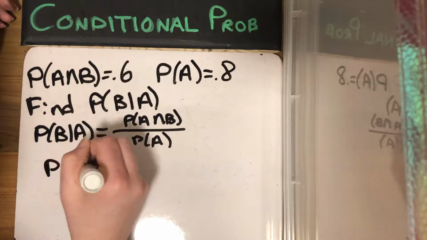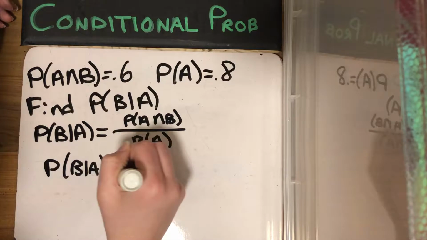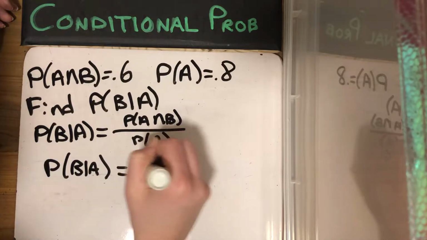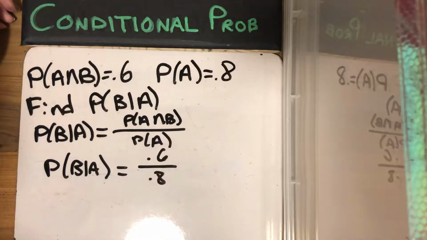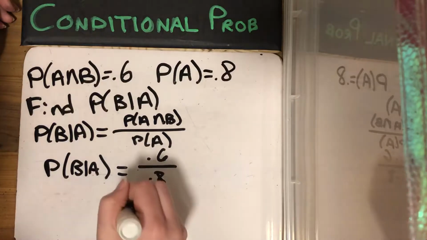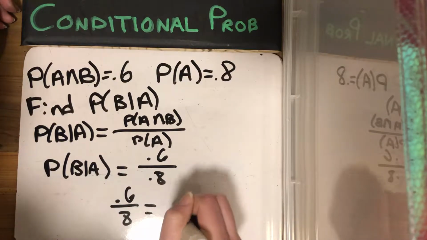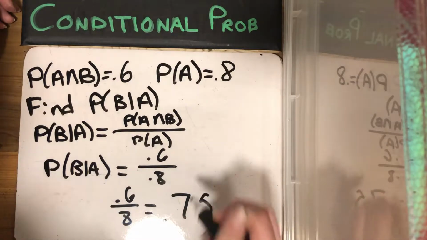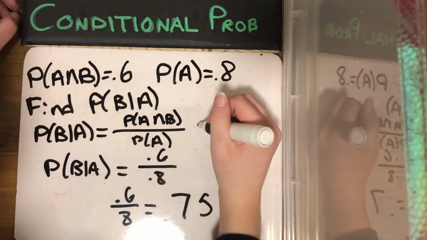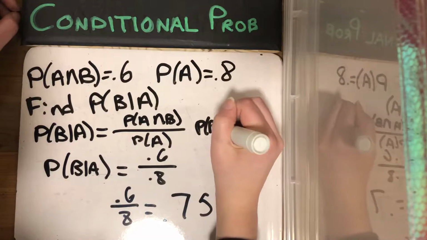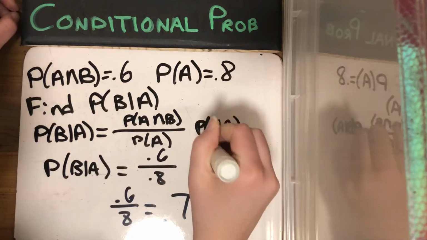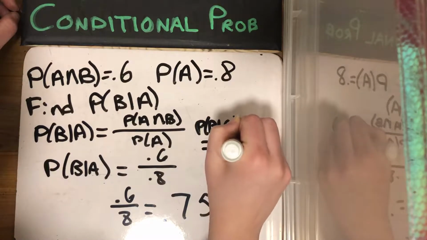So probability of B given A equals 0.6 over 0.8. And using your calculator, 0.6 over 0.8 equals 0.75. This gives us a final answer of probability of B given A equals 0.75.